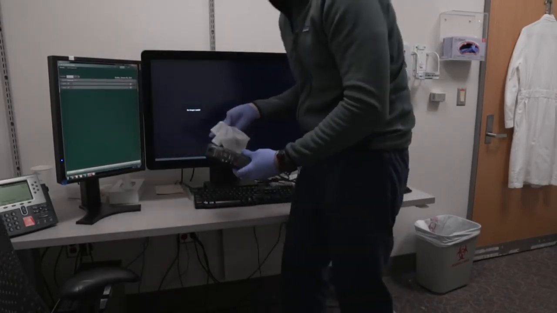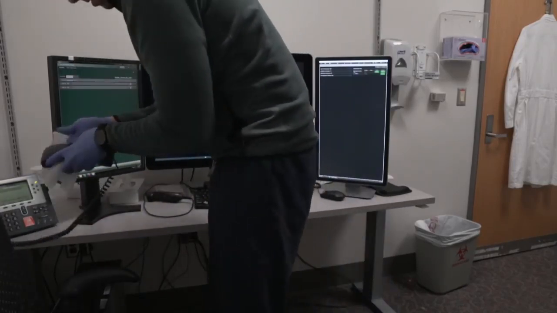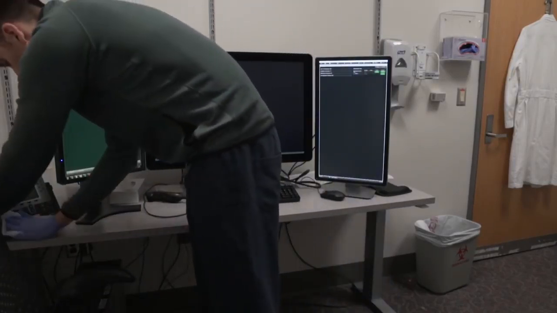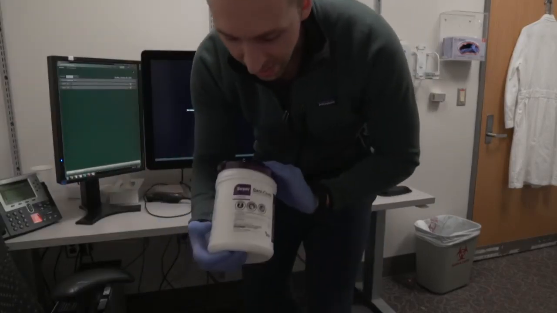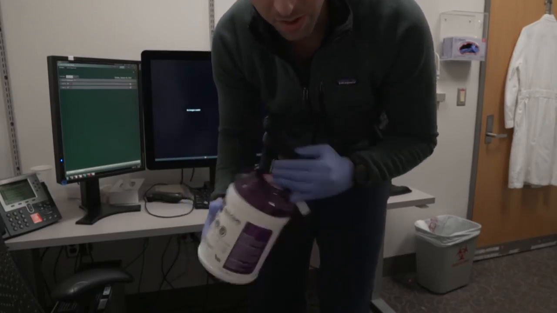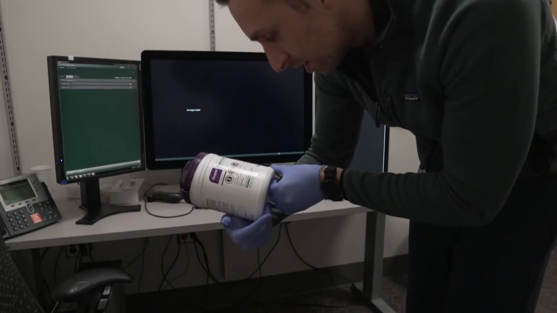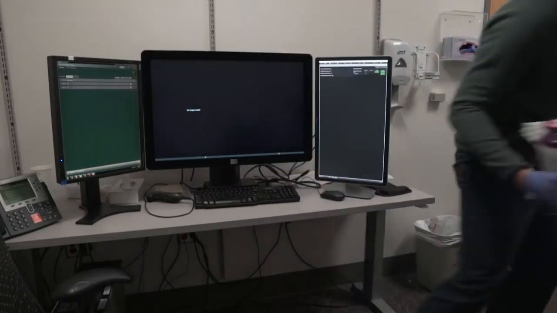Wipe that dictaphone down. And I use these anti-cancer, anti-TB wipes or whatever. That's why I wear gloves, because apparently they cause cancer or something like that. Either way, I don't want it on my skin.